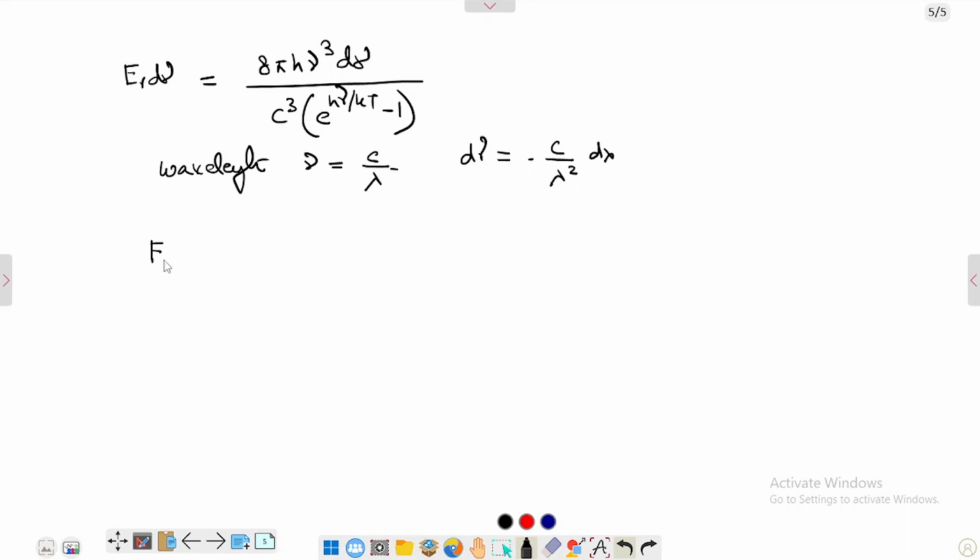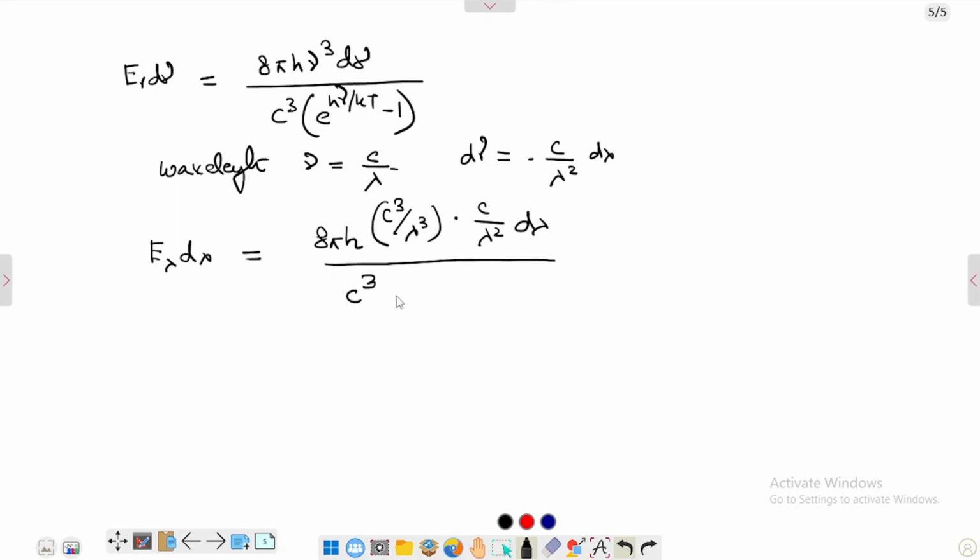So what I get, E lambda d lambda is equal to 8 pi h. If I want to find nu cube, this will be c cube by lambda cube. Good. What is my d nu? d nu is c by lambda square d lambda, divided by c square, e to the power h nu, and nu is equal to h c by lambda kt, minus 1.